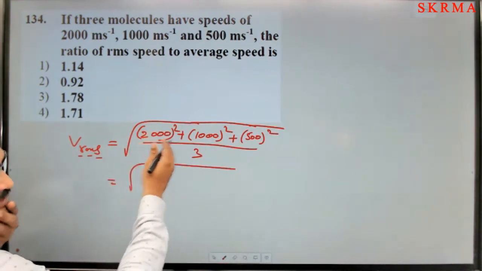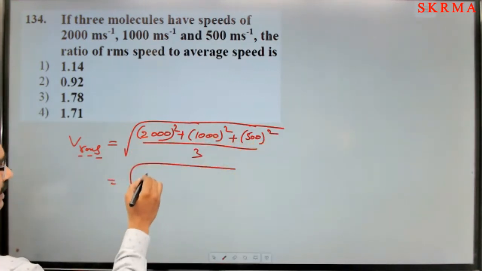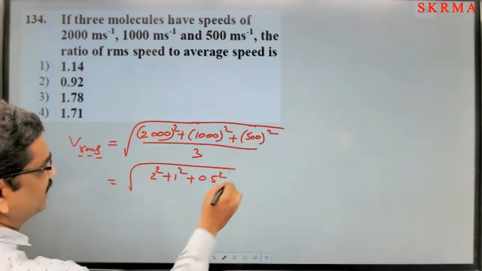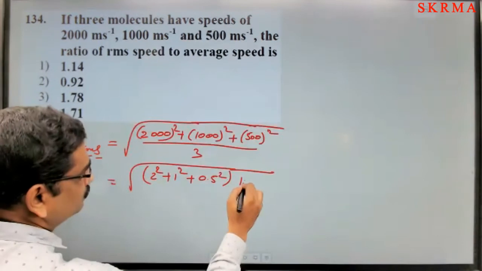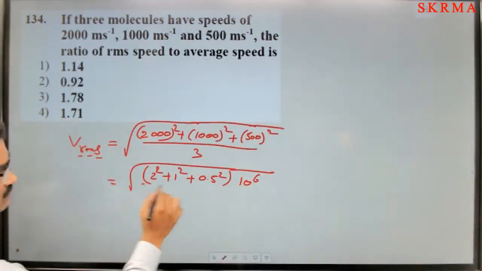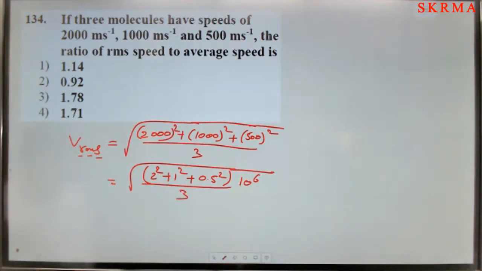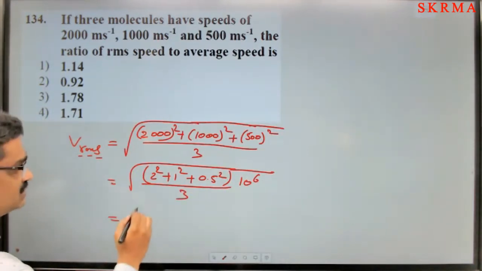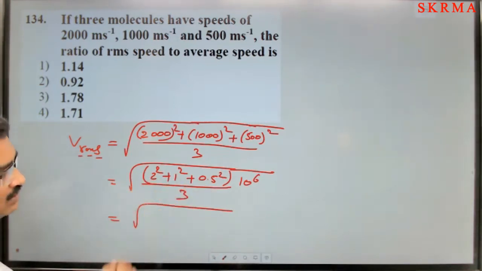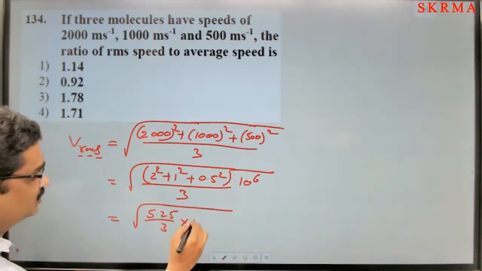Take 10 power 3 as common. Then 2 squared plus 1 squared plus 0.5 squared, into 10 power 3 whole squared, 10 power 6, by 3. So how much is it? Square root of (4 plus 1 plus 0.25) which is 5.25, by 3, into 10 power 6.